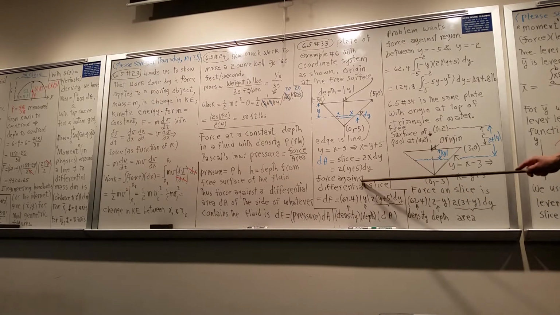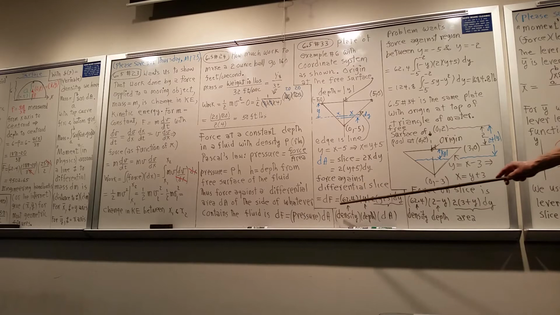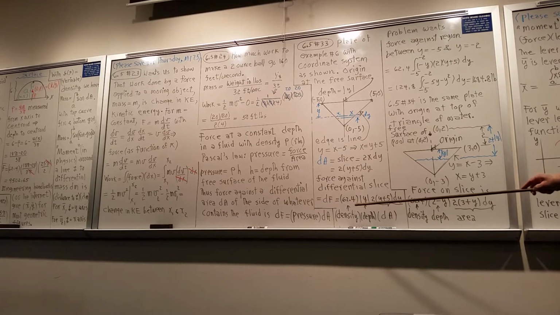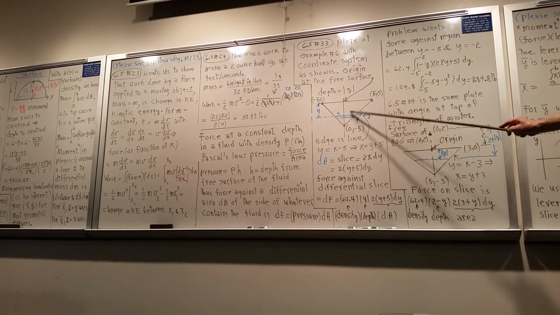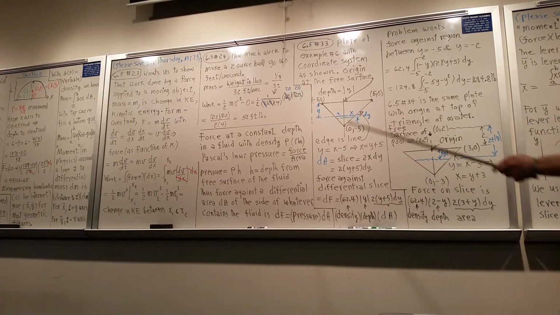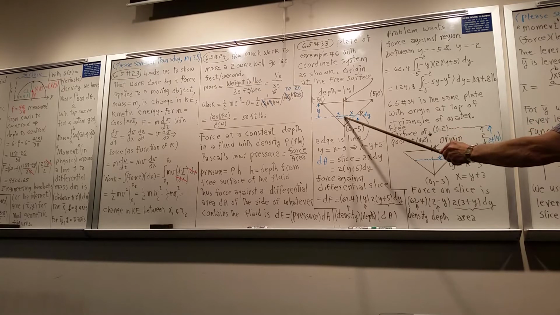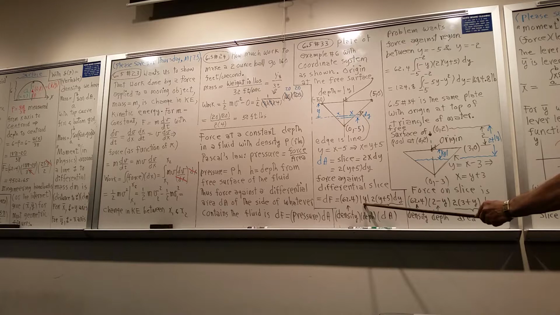Your force against your differential slice is the differential force: density and the depth, 2y. If you're measuring from here, going down your y is negative, so you need the absolute value for your depth.